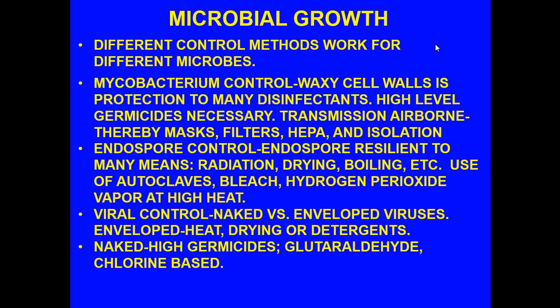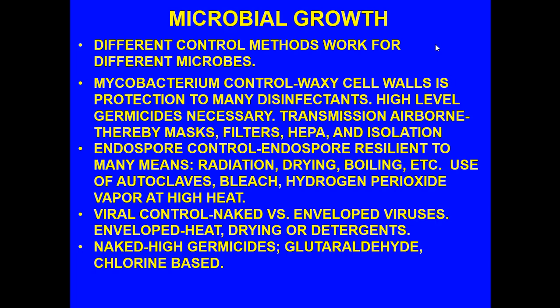Endospore control. Endospores are resilient to many means, including radiation, drying, boiling, etc. This requires the use of autoclaves, bleach, hydrogen peroxide, vapor at high heat. Viral control. Now, remember we talked about in a chapter before about naked versus enveloped viruses.